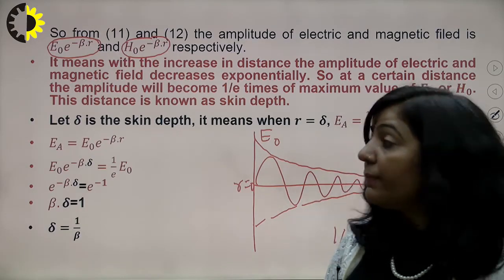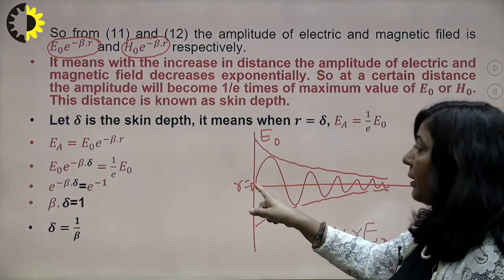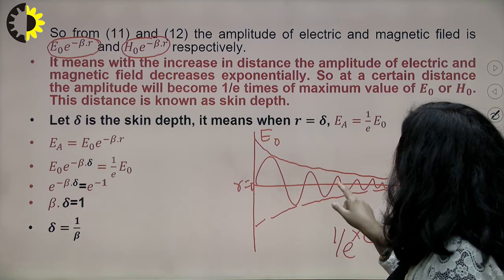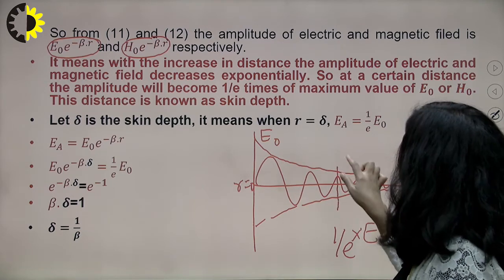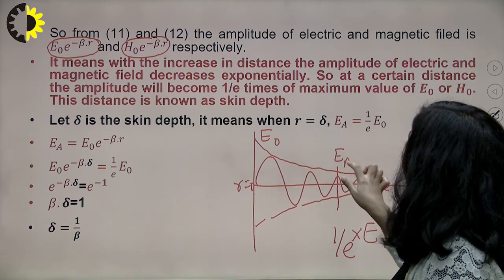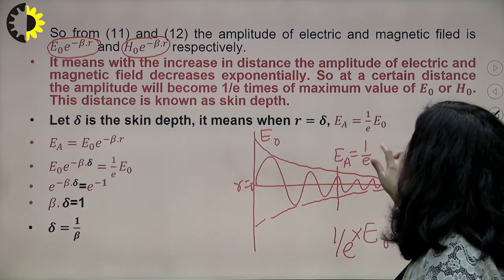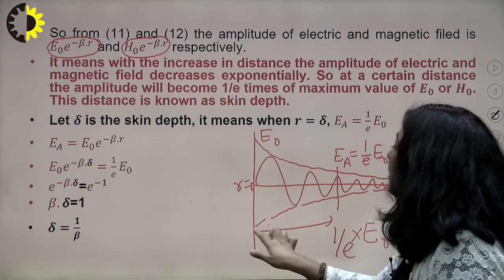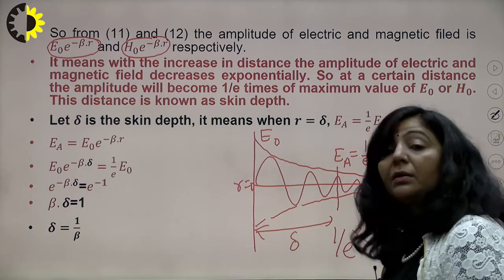So what is skin depth? If this is the surface of the conducting medium, then at this point E naught is the amplitude, and at this distance the amplitude is 1 upon e times E naught, then this particular distance is known as skin depth. I hope the meaning of skin depth is clear.